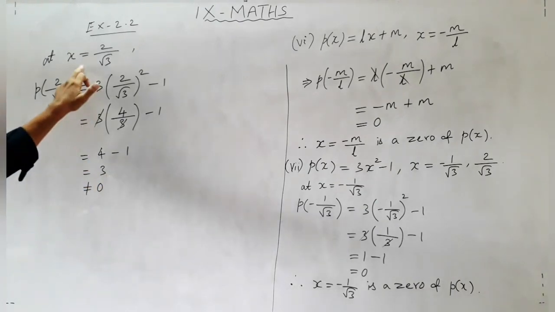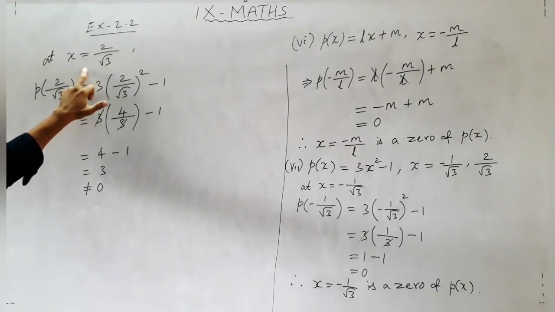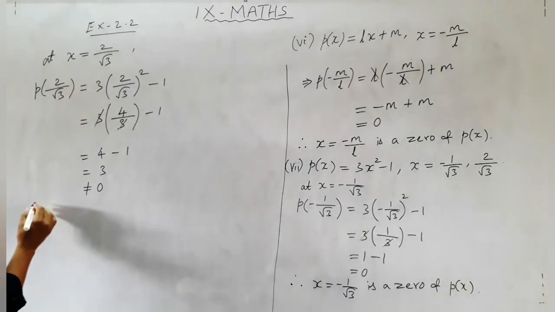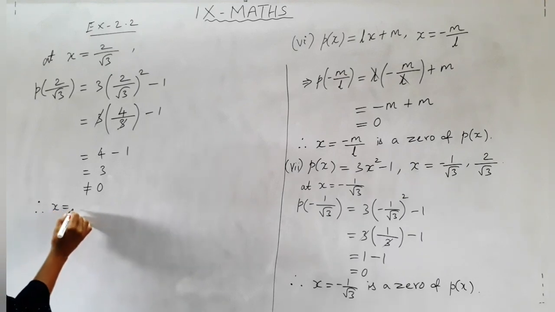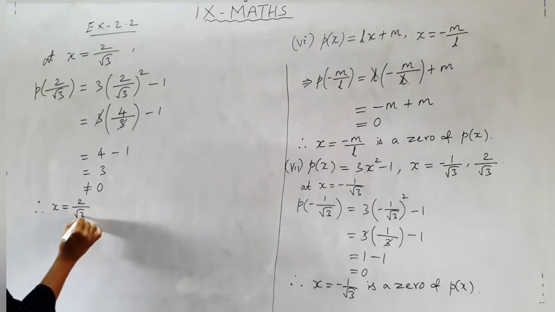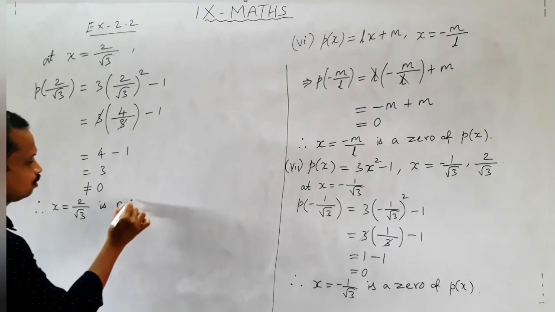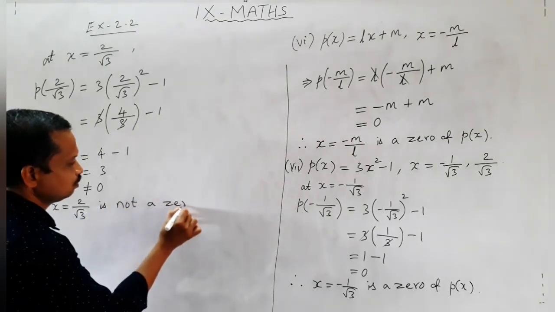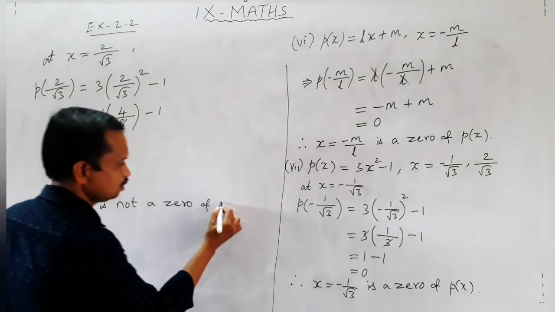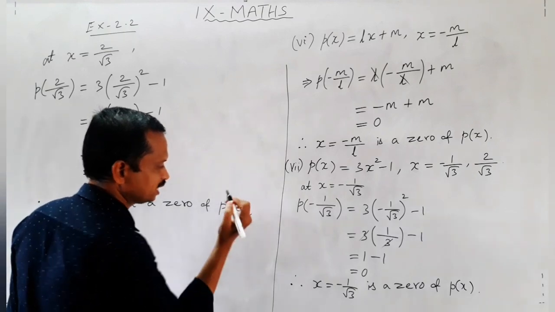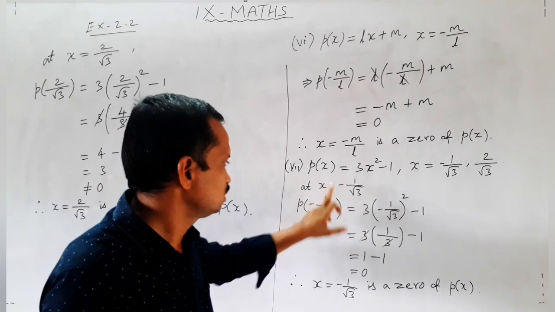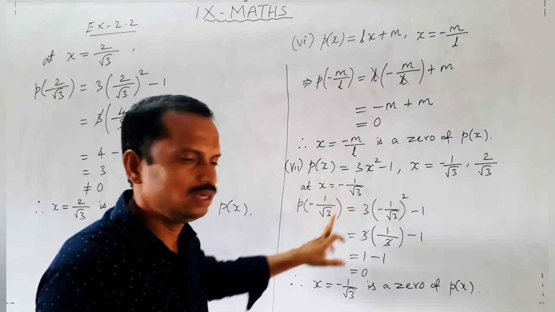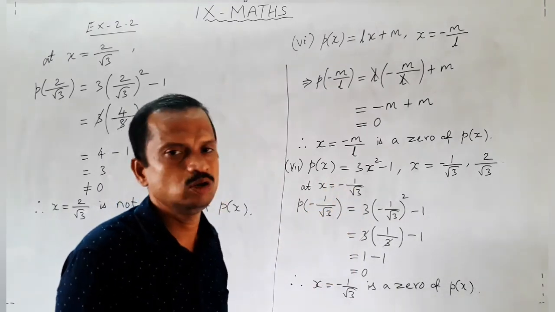Therefore, x equal to 2 by root 3 is not a 0 of the given polynomial p of x. You see, for this polynomial p of x, when x equal to minus 1 by root 3, the value becomes 0.